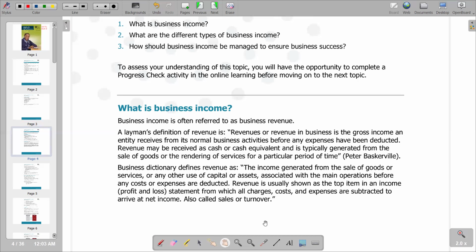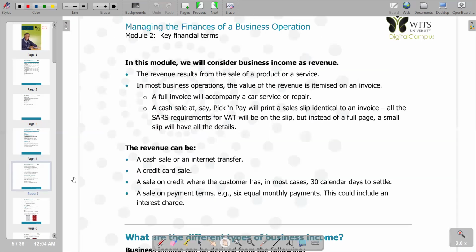So basically, that's what we have in terms of the explanations under what is business income. You see that we have revenue coming in, where we also have business income. In this module, we'll consider business income as revenue.